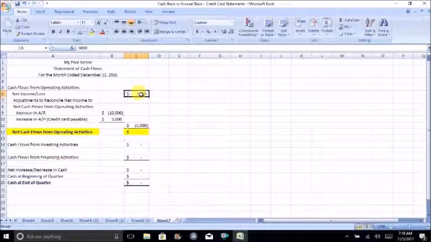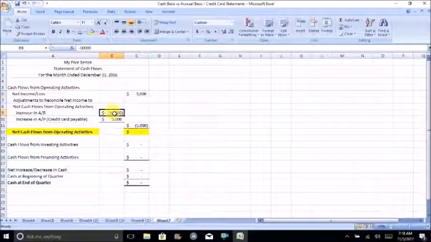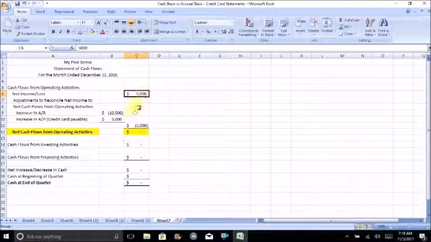So we start, like I said, with $5,000. The increase in AR for $10,000, we're going to subtract. We didn't have money coming in for that sale that went into net income. So we have to take that out from net income if we're going to make it cash basis. So we're subtracting it.